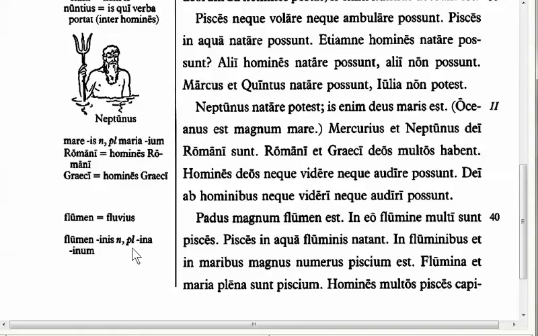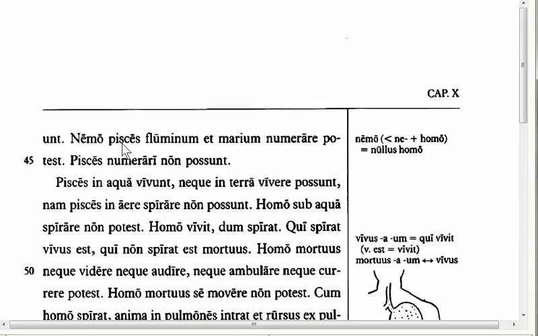So the next feature I'd like to point out is in line 44, and it's on the next page. Homines multos pisces capiunt, nemo pisces fluminum et marium numerare potest.